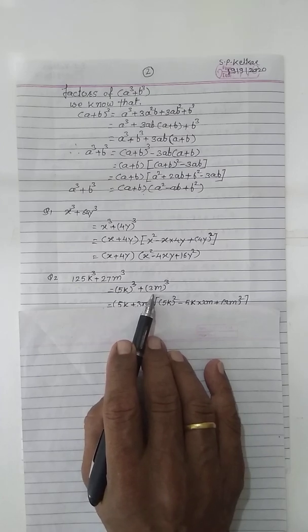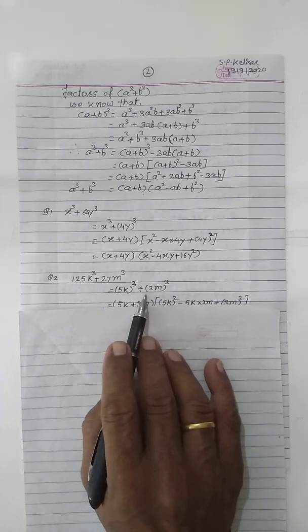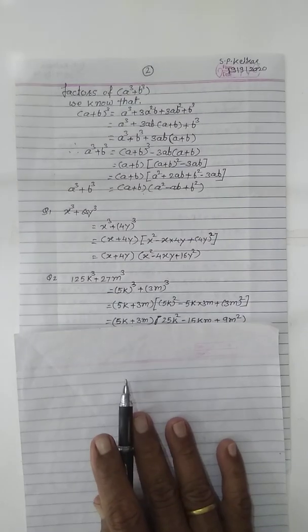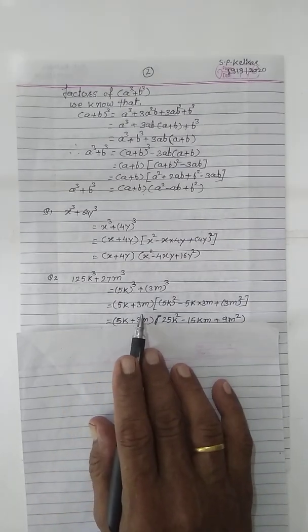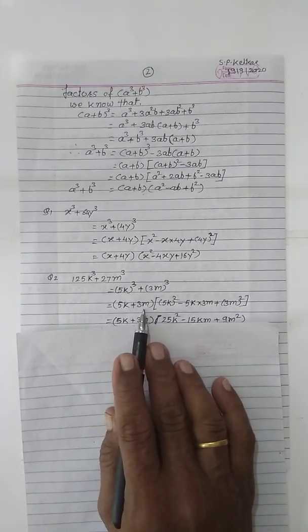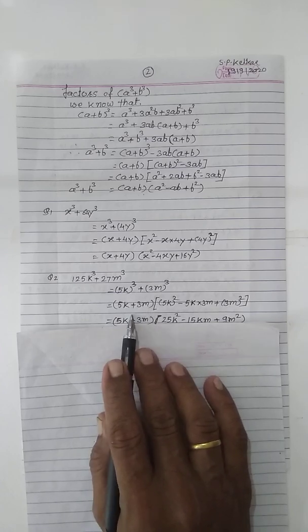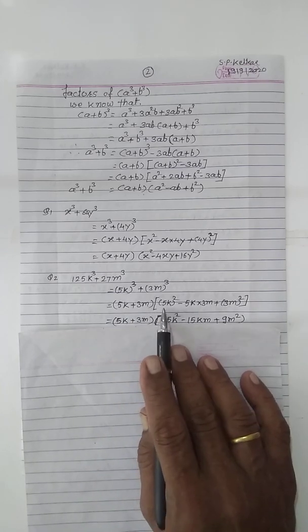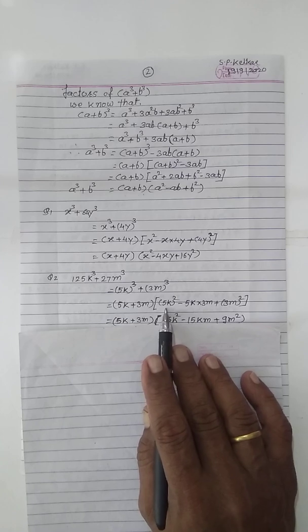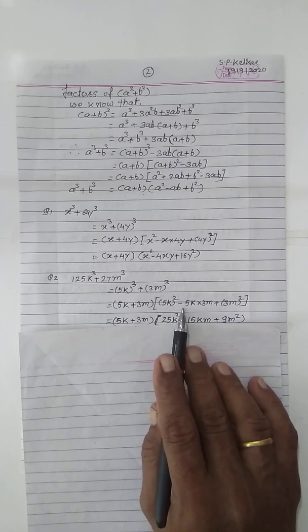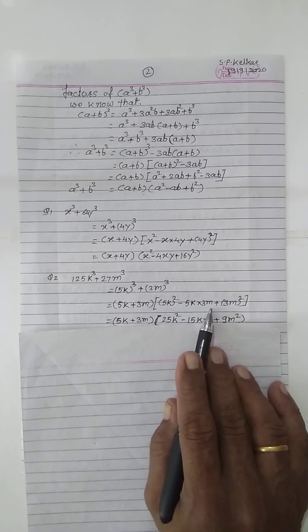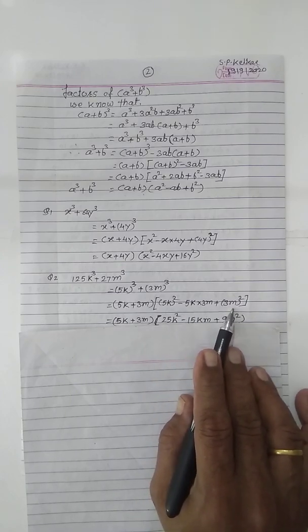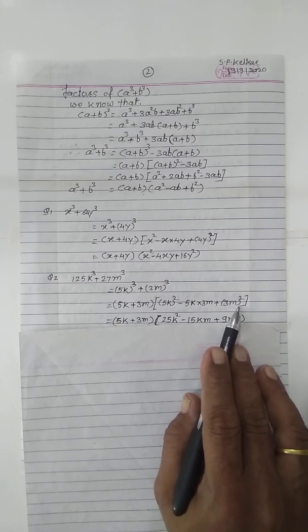Now write these two terms. In the first bracket, first term plus second term: (5k plus 3m). In the second bracket, the square of the first term, (5k) square, minus 5k into 3m, plus the square of the second term, (3m) square.